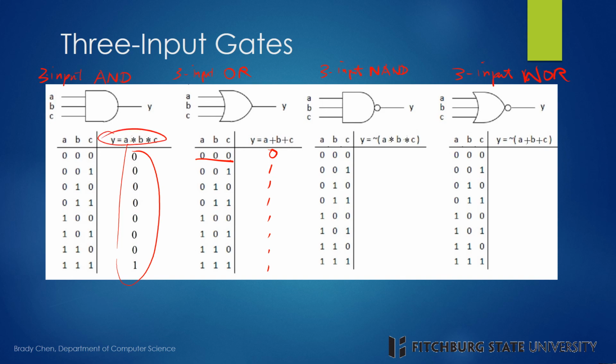Since it's all 0 here and the last one is 1, then it's the opposite. And the 3 input NOR gate is the opposite of the 3 input OR gate. So you get a 1 here, and then you get a 0 for the rest.